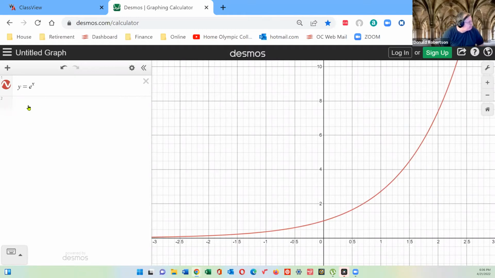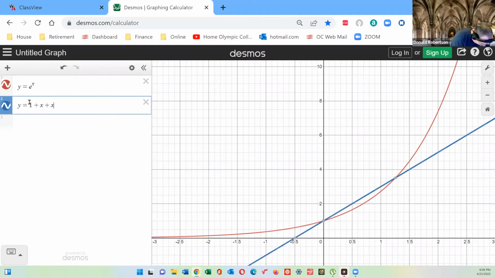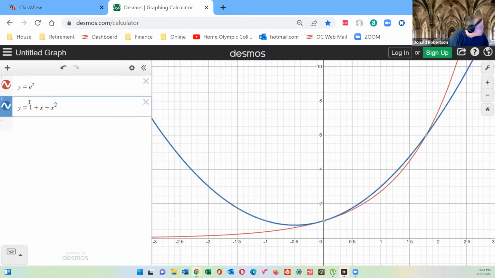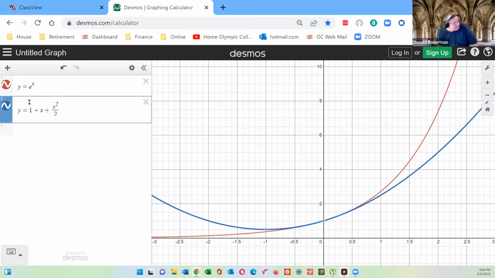Now, the guy that I had was T4. He got you here, 1 plus x plus x squared divided by 2. Oh, hey, it's already beginning to fit a little bit, isn't it?